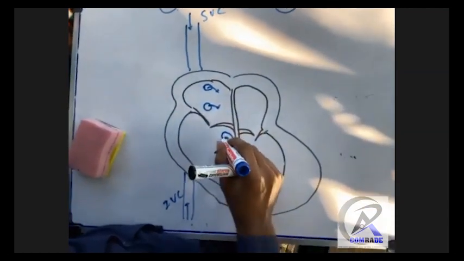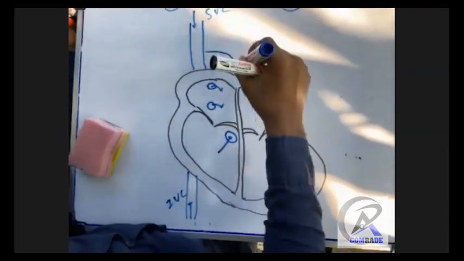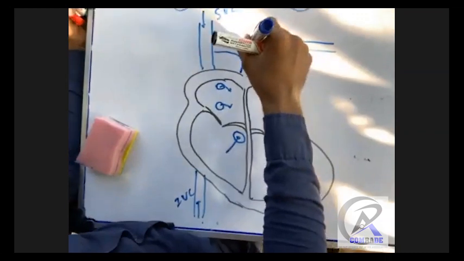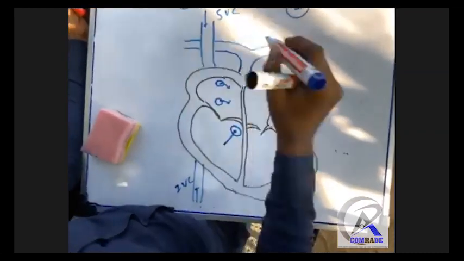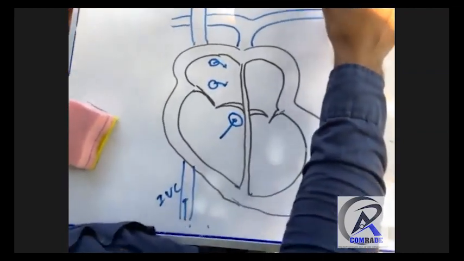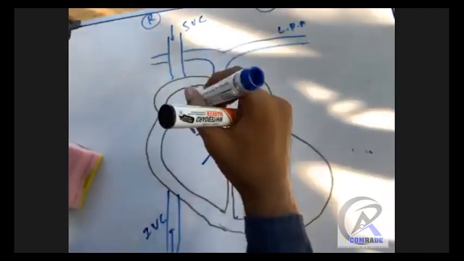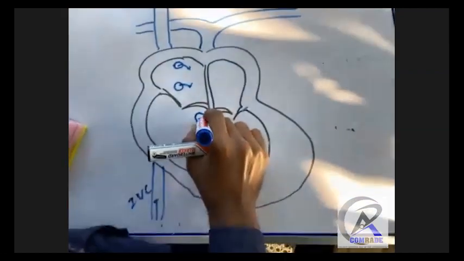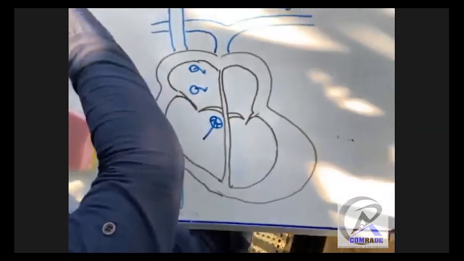And blood flows inside this, and from here, what are those? Left and right pulmonary arteries, right? Okay, so this is the left pulmonary artery. This is the pulmonary opening, and there's a valve, semilunar valve, right?